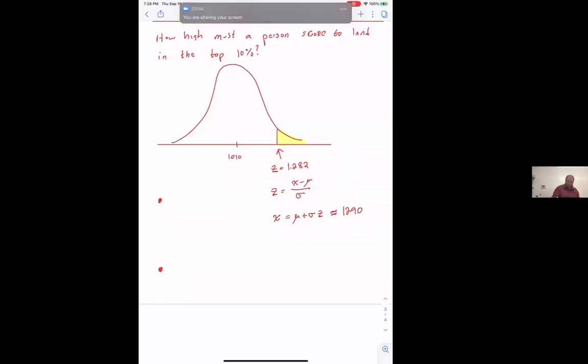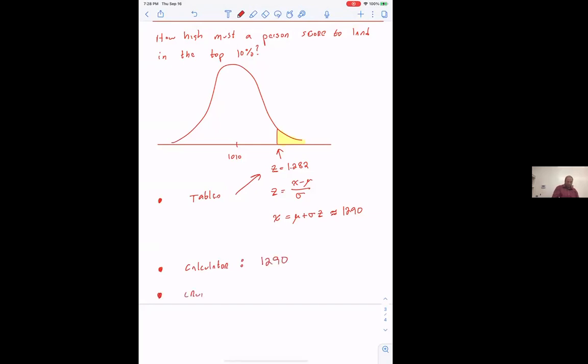Pretty much the same answer. Which is really reassuring. So this is from tables. And then we have calculator, which gives us, again, 1290.